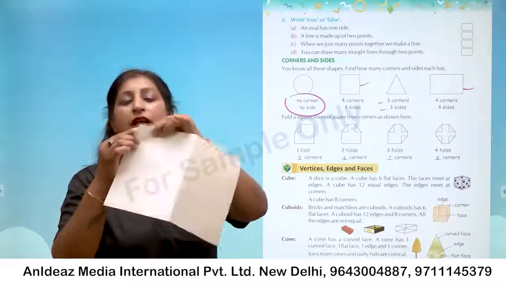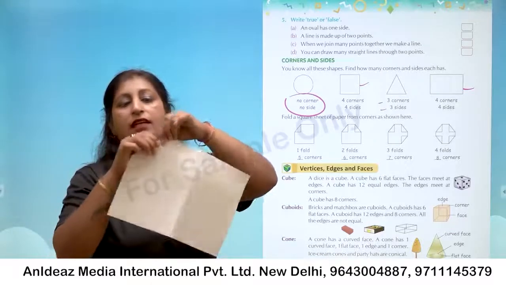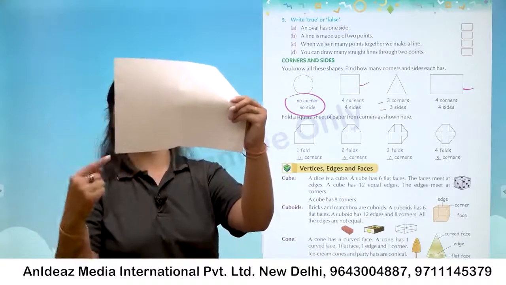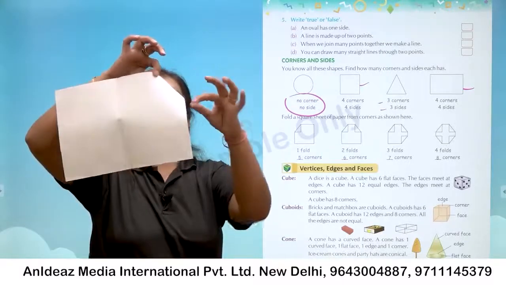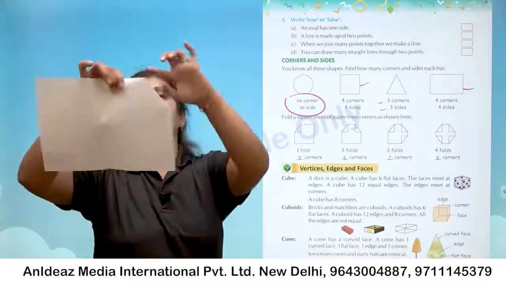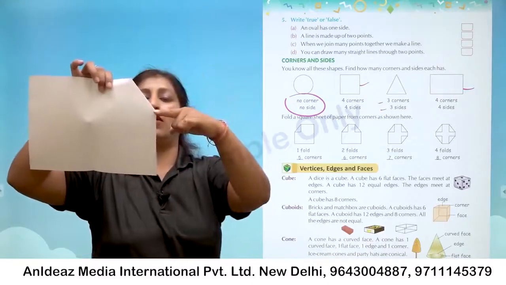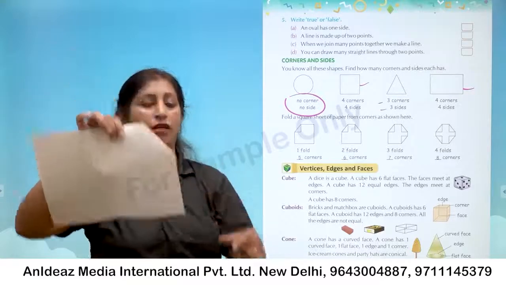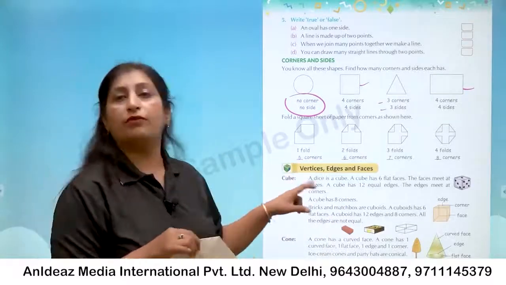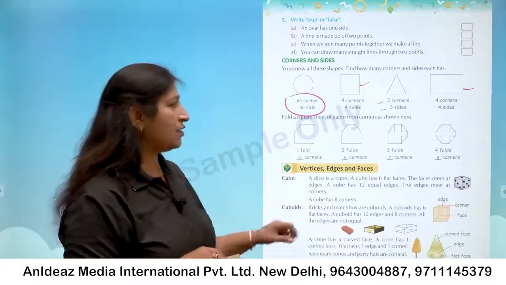If we fold one corner, then it is a shape having 5 corners, 1, 2, 3, 4 and 5. So if we fold one corner, we would have 5 corners in that case.